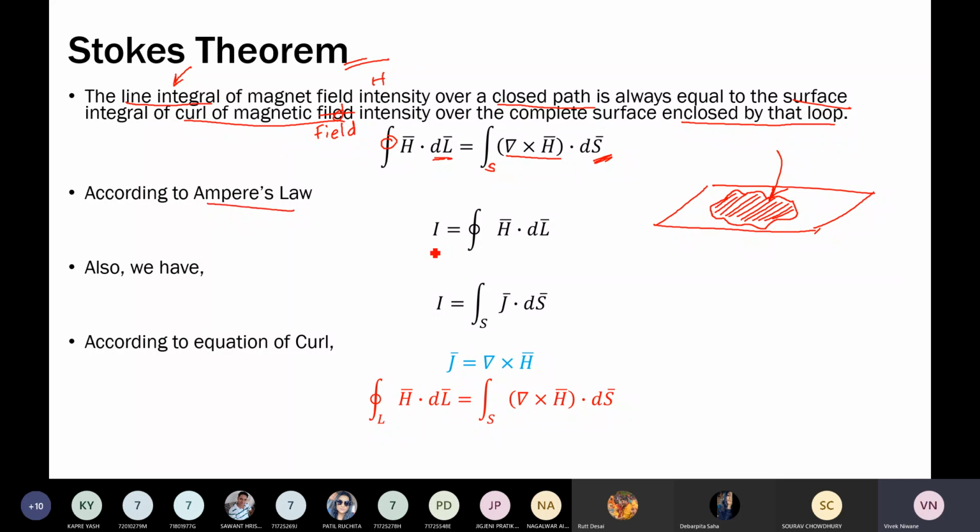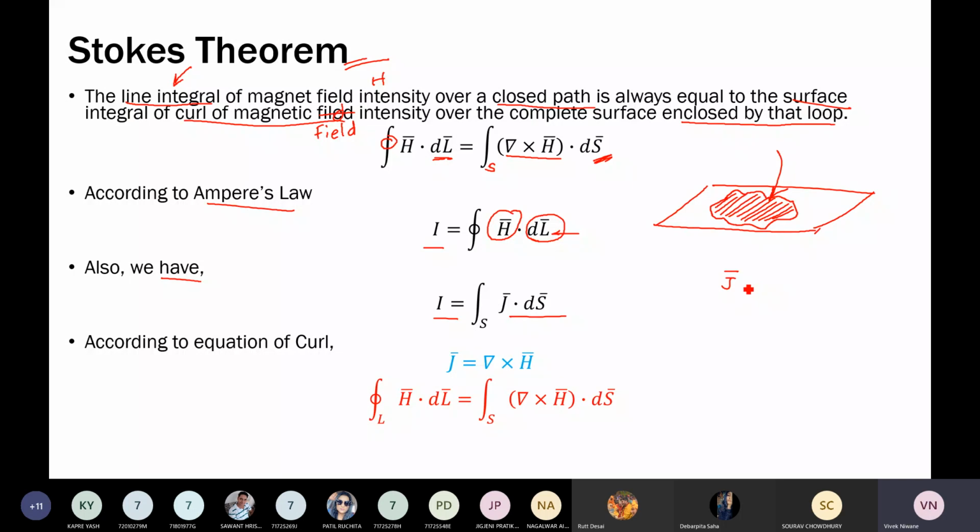According to Ampere's law, some amount of current is generated if we put a conductor in a certain magnetic field. H bar dot dl bar will give us some induced current in that closed loop. Also we have I is equal to J bar dot ds bar. We never talked about J bar before. J bar is nothing but current density.